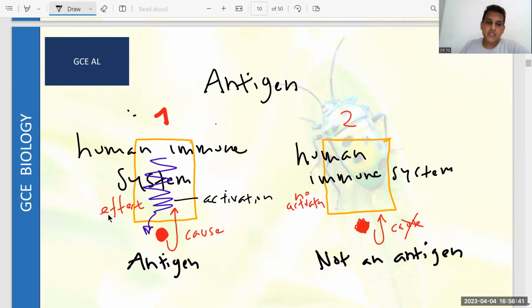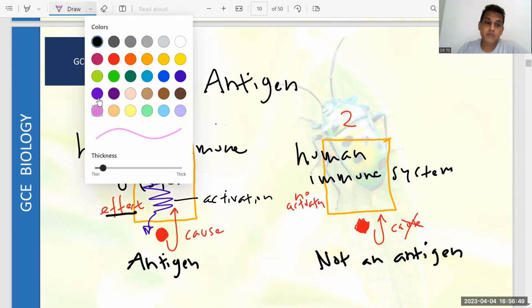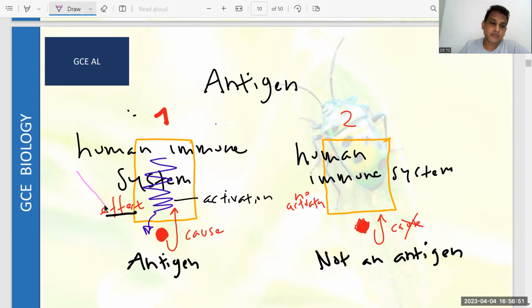Now this activation and effect, we're going to learn in a bigger way in immunity. What is the significance of activation? How do we know that the immune system is activated? How do we know at which level the immune system is activated?